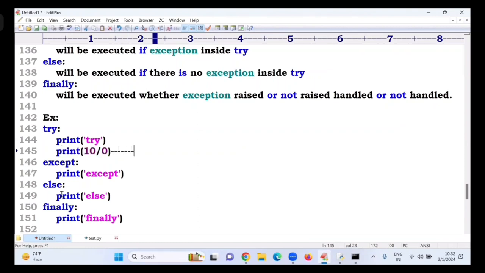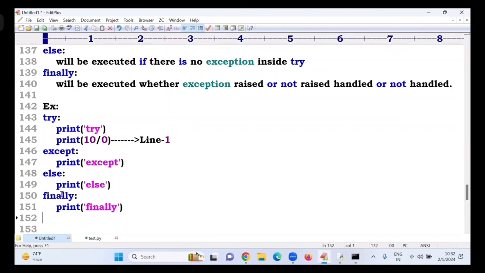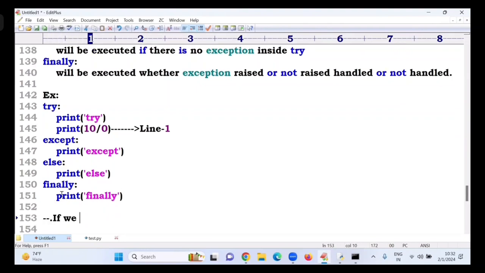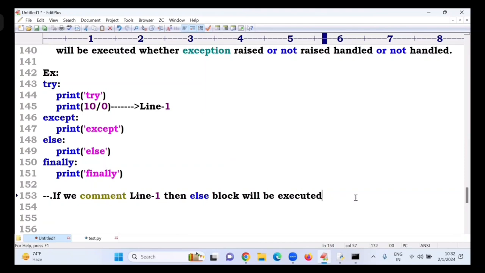Take this one as line number 1. First case: if we comment line 1, then the else block will be executed because there is no exception inside the try block.